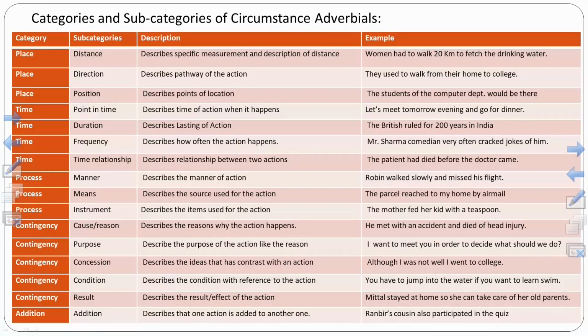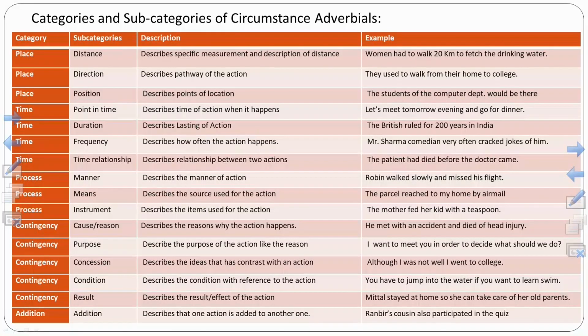So here you can see, let's look at the place, time, process, and contingency, and the last we have addition. So these are the four major categories, and there are some other categories, we call them subcategories, and it describes what kind of situation, or you can say circumstance, that adverbial has, and in the end there is an example. Now look at the first, place.